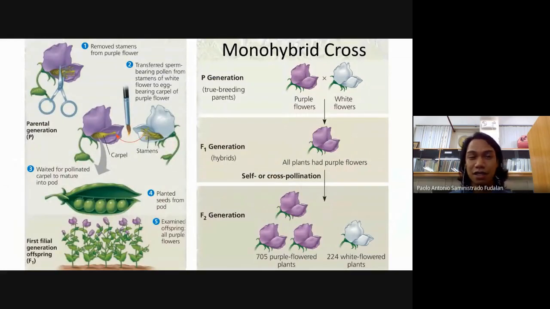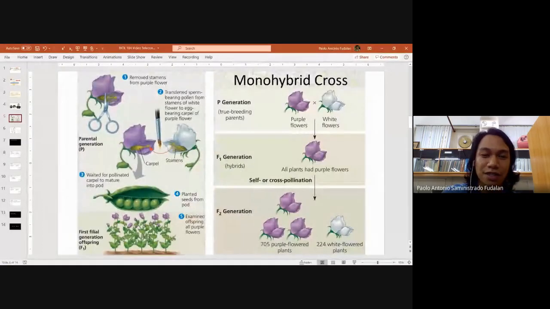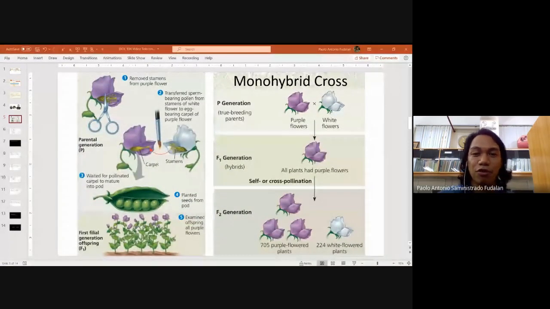There's this illustration on how he actually crossed true breeding pea plants. In terms of flower color, true breeding purple, true breeding white. Because these flowers actually self-fertilize, he had to remove the male portions of one of the flowers and artificially pollinate the flower with the removed male parts.